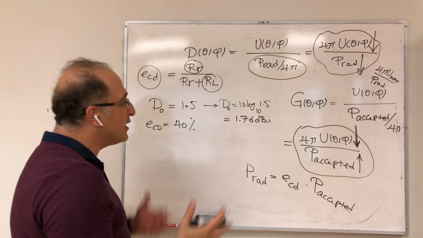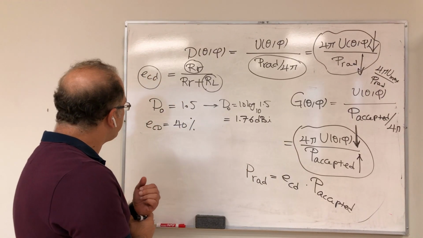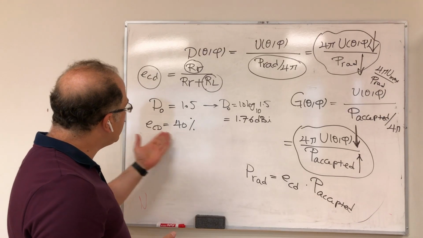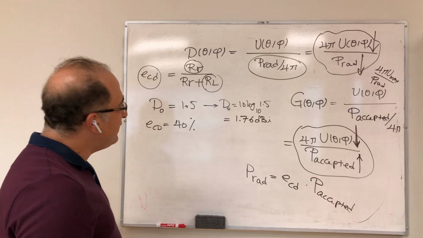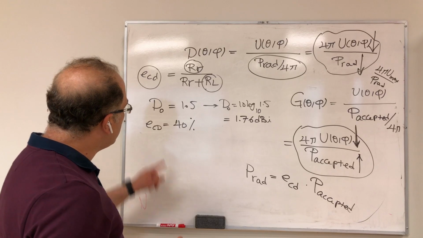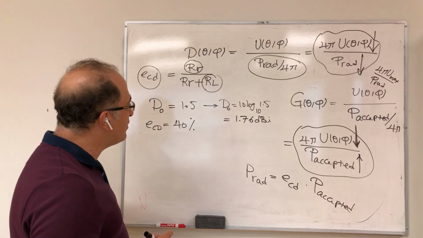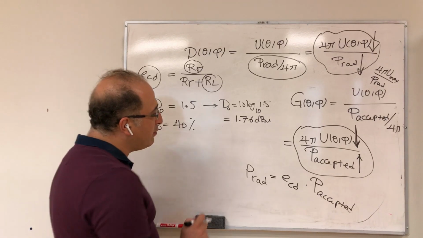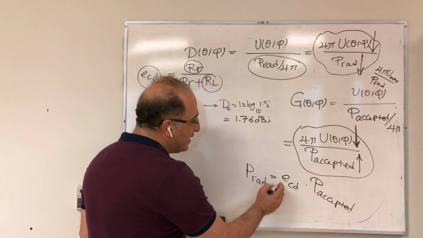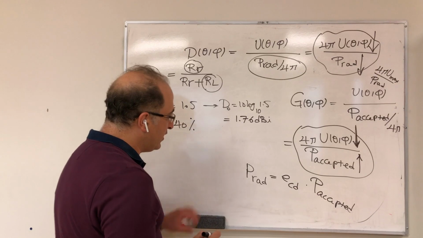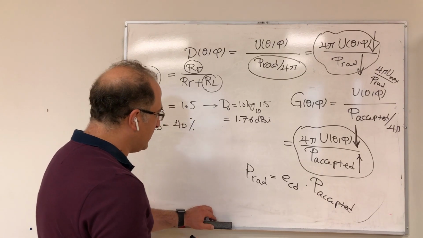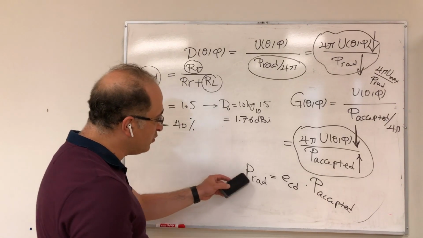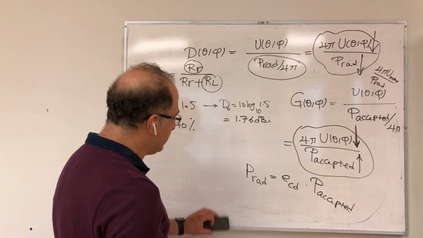So we're comparing it with an isotropic antenna. So your efficiency is 40%. Now, remember that when you have efficiency of 40%, it's going to affect the gain. We already mentioned that P rad is ECD times P accepted. So let's try to use this to connect gain with directivity.